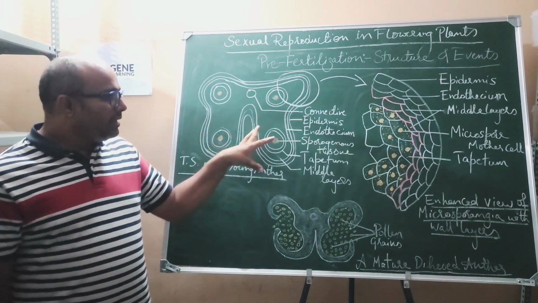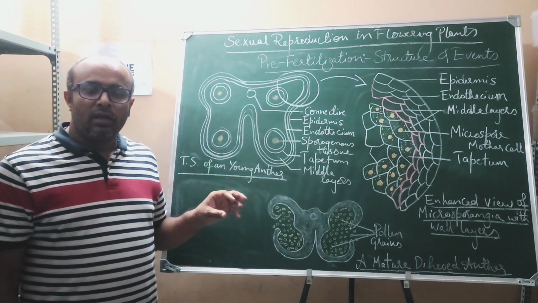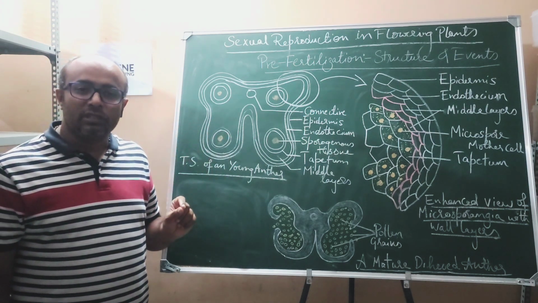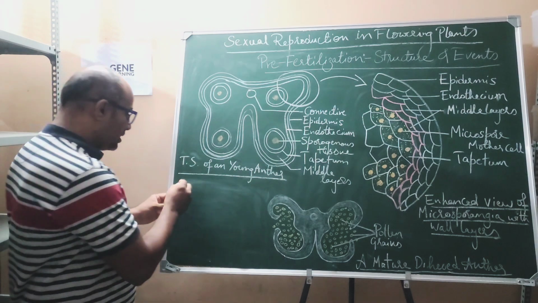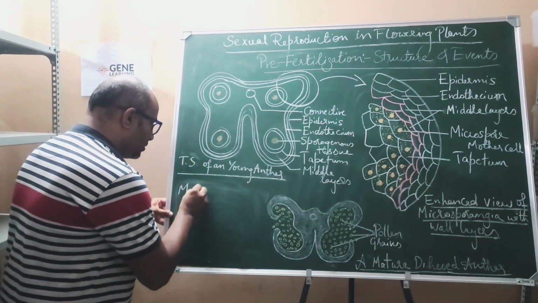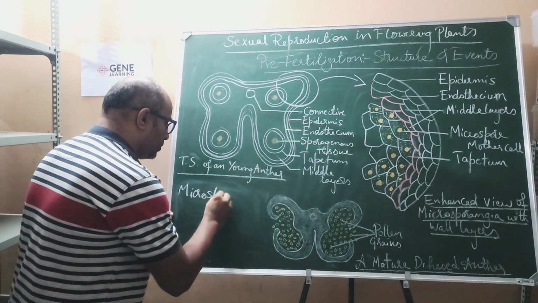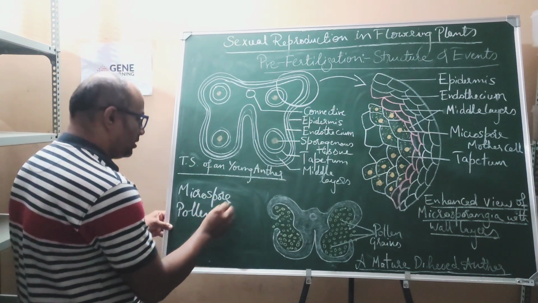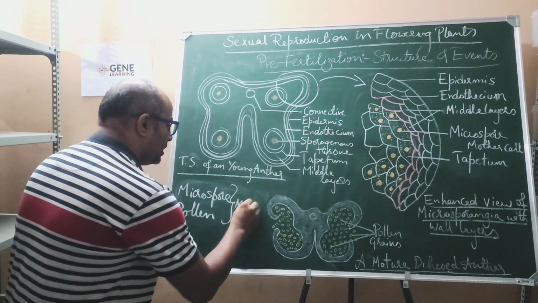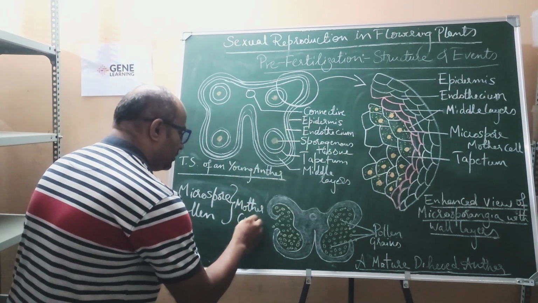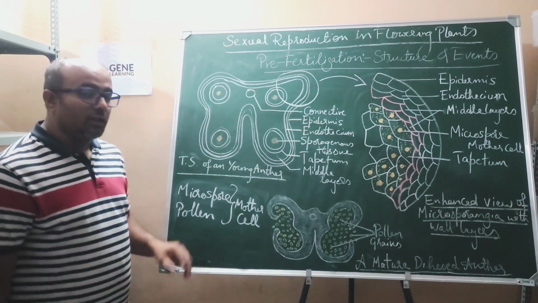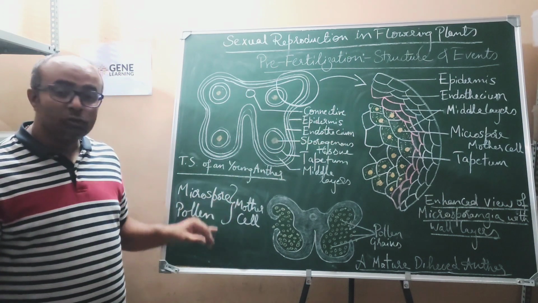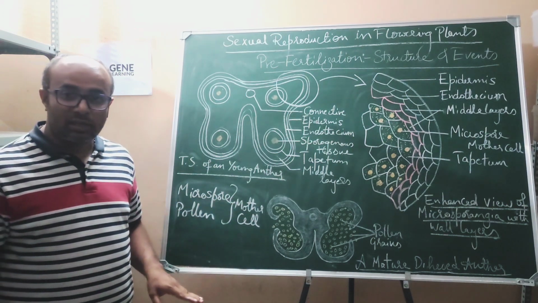Now, if we take this sporogenous tissue and look at it carefully, each cell of the sporogenous tissue is called a microspore mother cell or pollen mother cell.